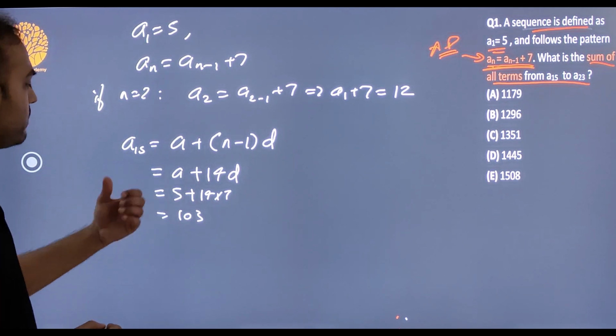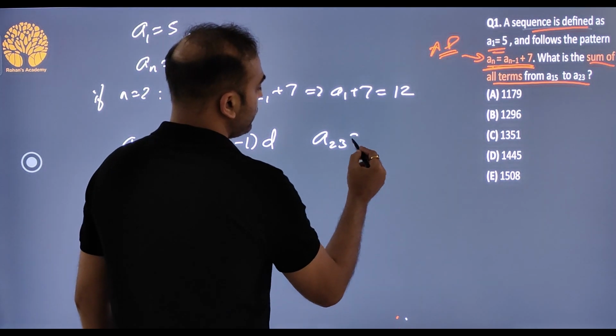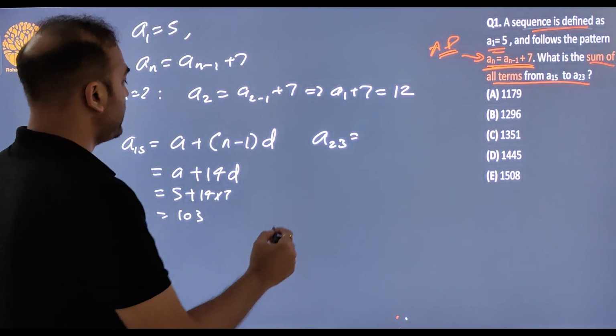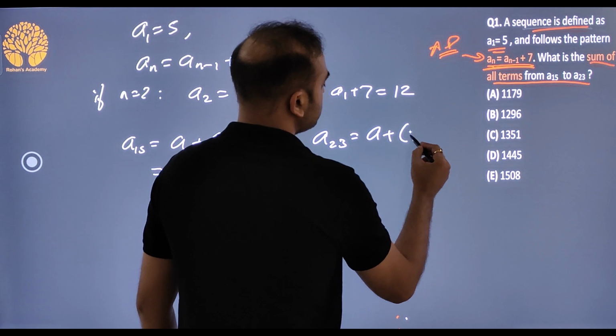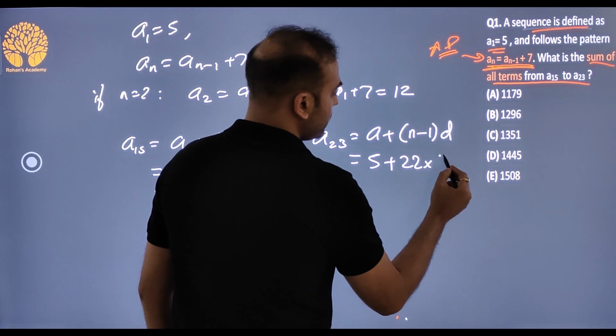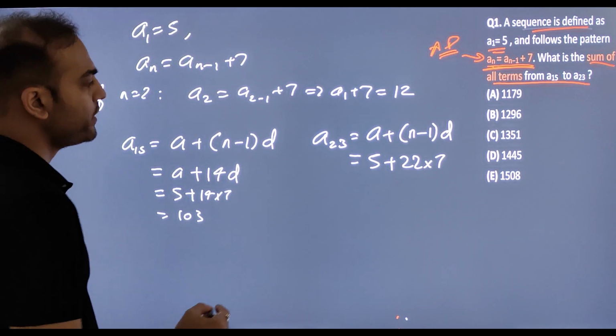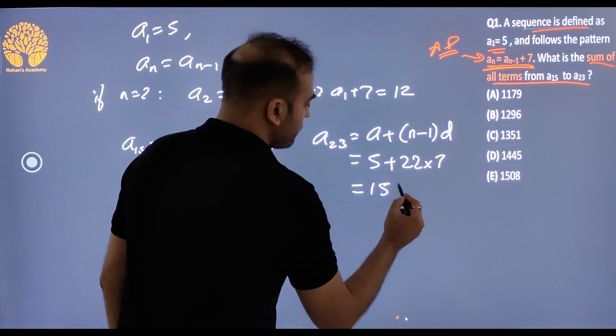So we have A15. Simultaneously, we find A23, which will be a plus (n minus 1) into d, so 5 plus 22 into 7, that is 159.